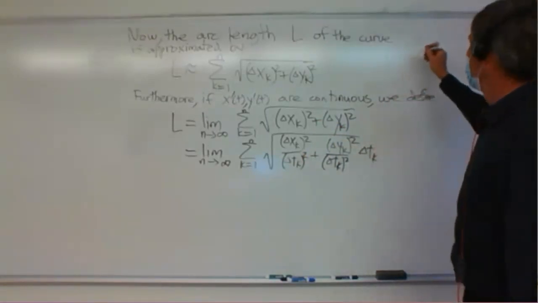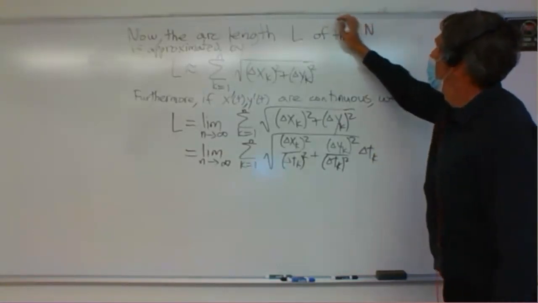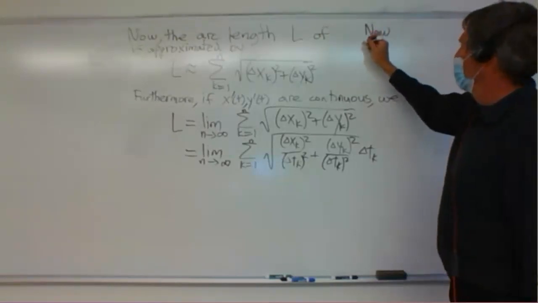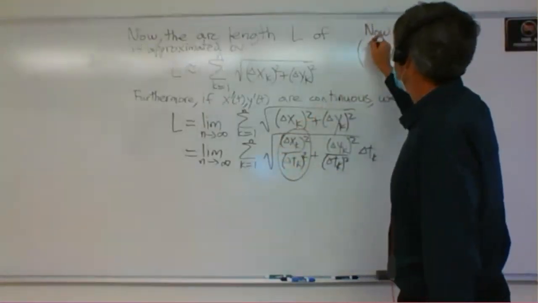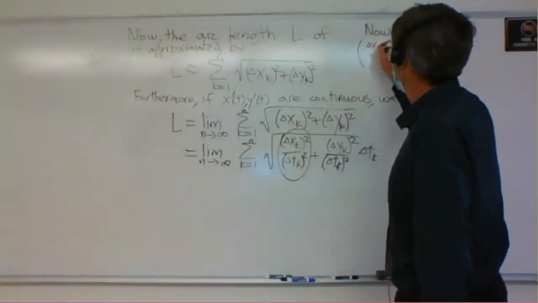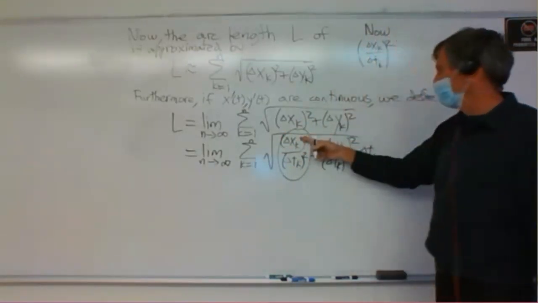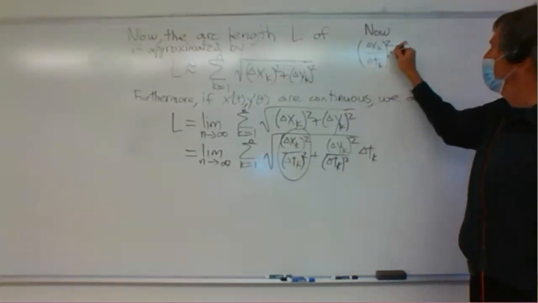Now, some magic from Calculus 1. This one here is delta xk over delta tk, squared, right? Delta xk squared over delta tk squared is delta xk over delta tk, squared.